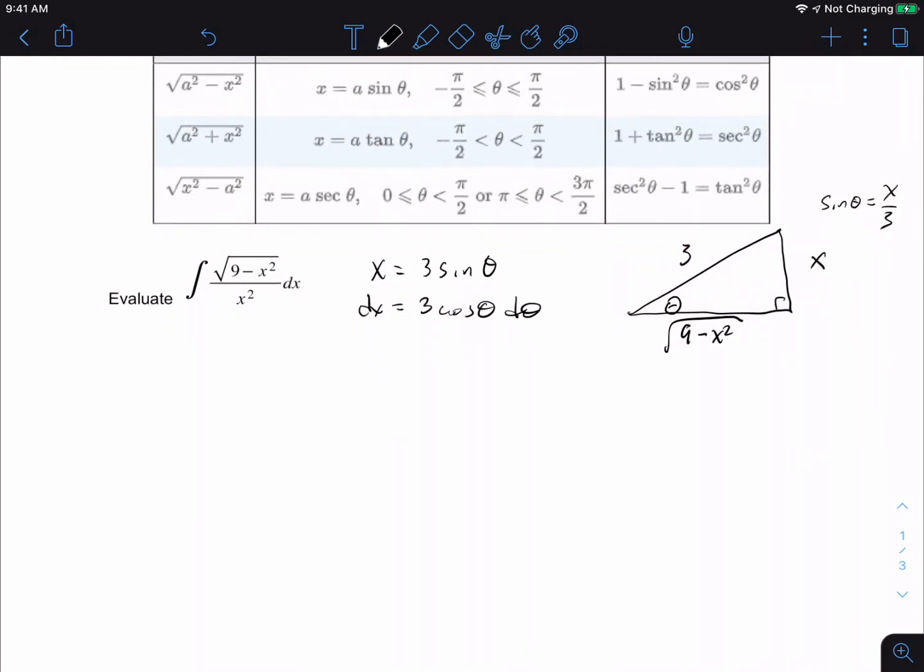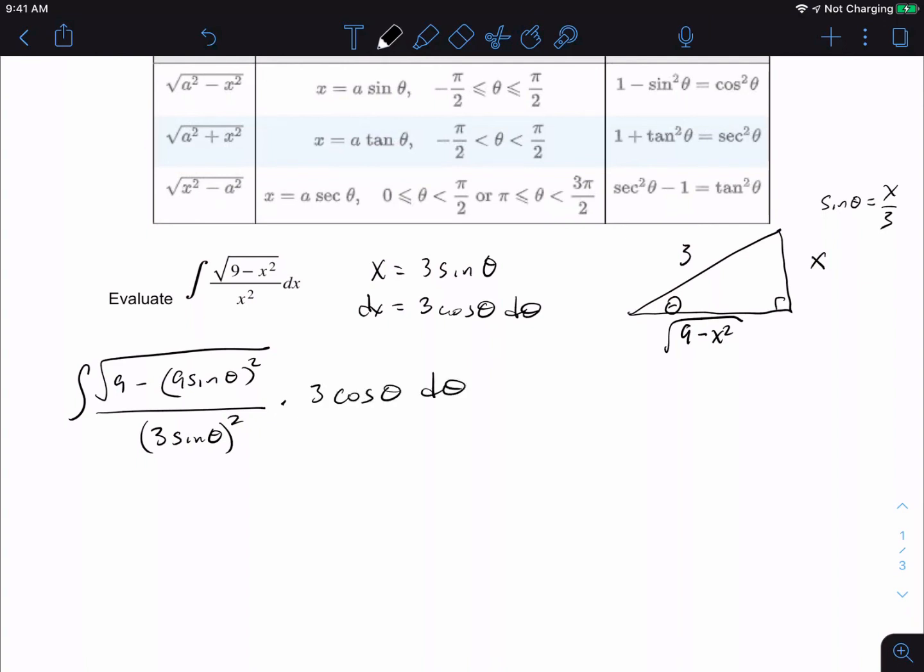So when I go to do the substitution, I'm going to get the integral of the root of 9 minus 9 sine squared theta over 3 sine theta squared. And then dx really is 3 cosine theta d theta. Does everyone agree with the substitution that I've done?